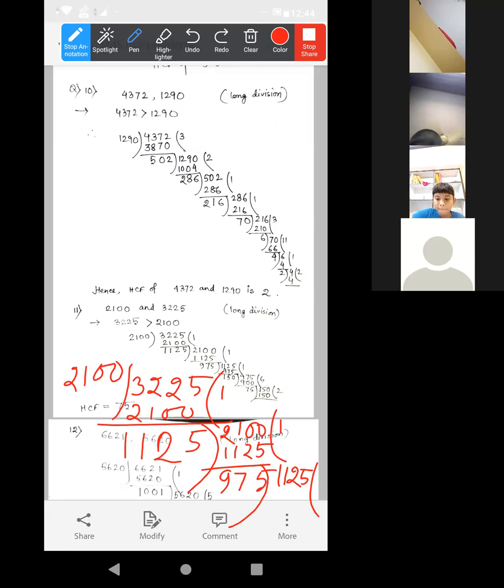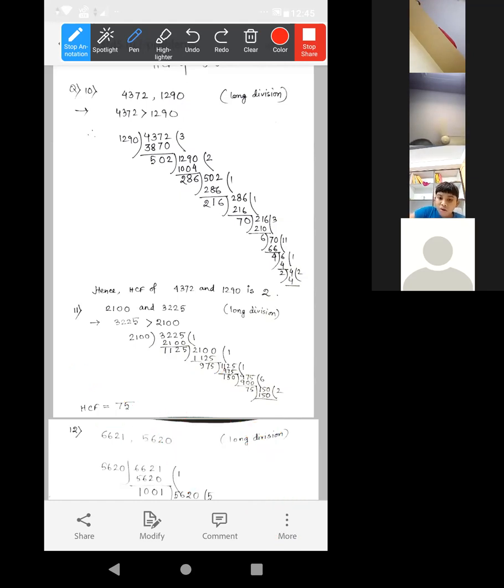Again by 1 it will go. Okay, so it will be 975. Now do the subtraction. 5 minus 5, 0. 7, we have to consider this 2 as 12. So it will be 5, then 1. 150, na?